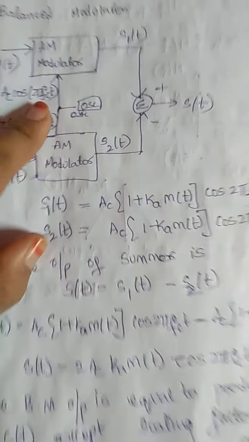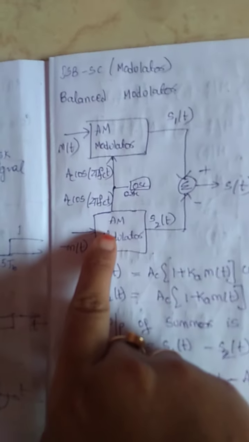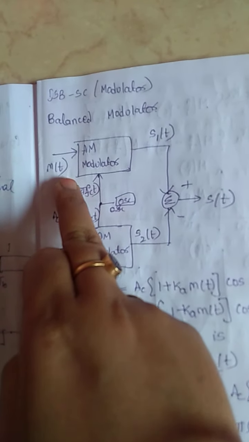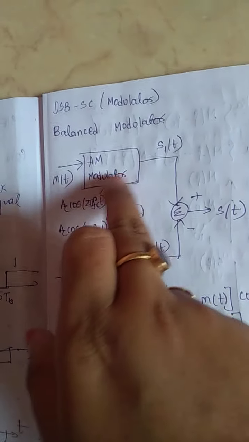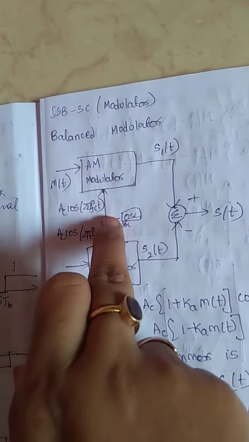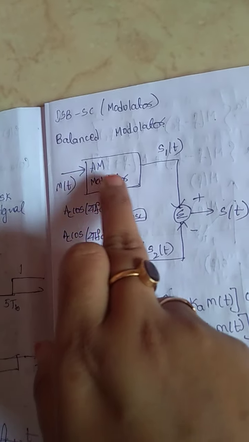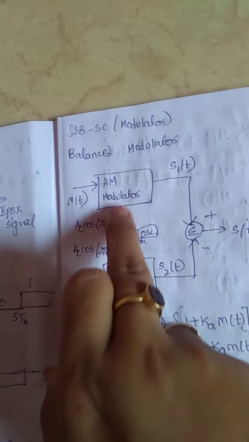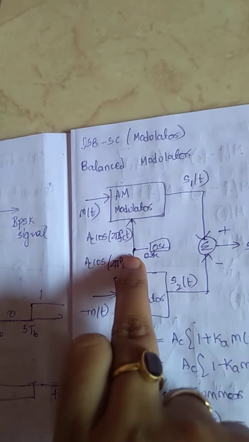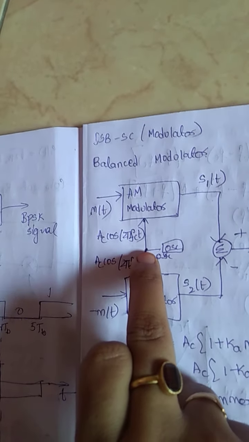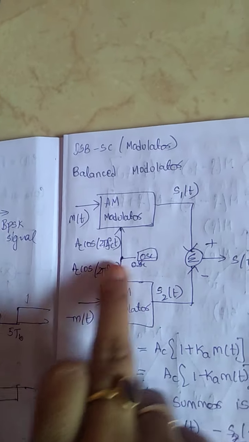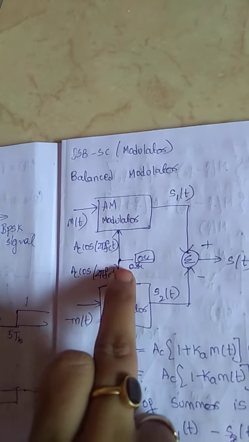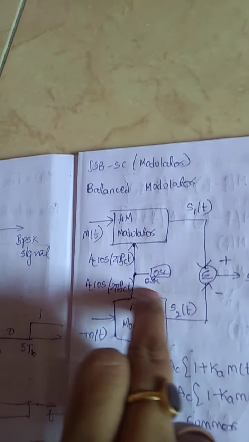What is the function of this? Once the wave is passed through this modulator, the oscillator will generate one positive and one negative by joining these two modulators at the center point. This center point is very useful. Whenever we get any modulated signal, it is sent to the oscillator.